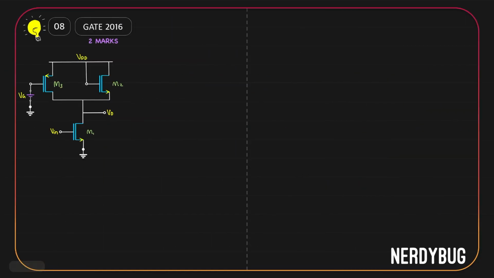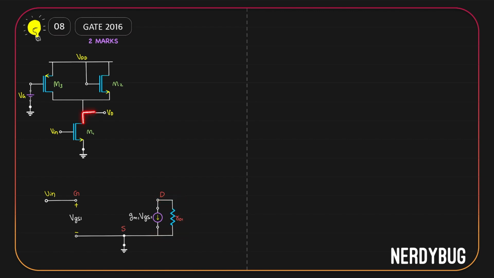The first thing we need, as always, is the small signal model. I'll start by taking the small signal model of MOSFET number 1. Input is given at the gate of the first MOSFET. So we can show it over here. Its source is grounded. Since channel length modulation has to be considered for all MOSFETs, we'll connect RO1 between the drain and the source.